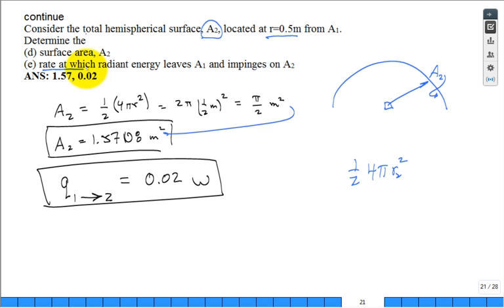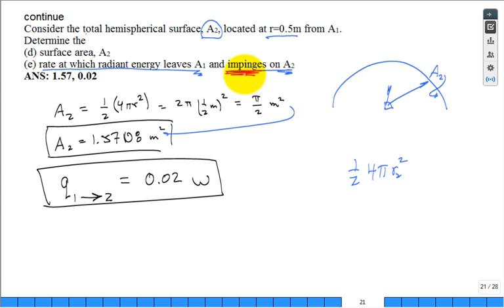Okay, next part. What is the rate at which radiant energy leaves A1 and impinges on A2? If it's going to leave A1, can it go anywhere but hit A2? It's going to hit A2. This is funny terminology because we use this word impinge since we don't know what happens after it gets to A2. A2 could have a high reflectivity and a low absorptivity.